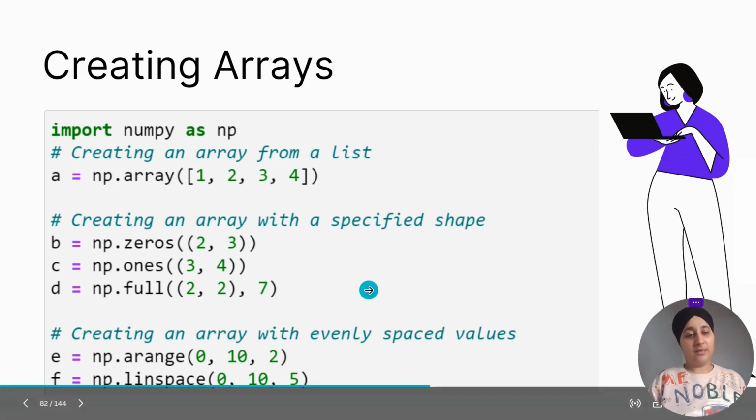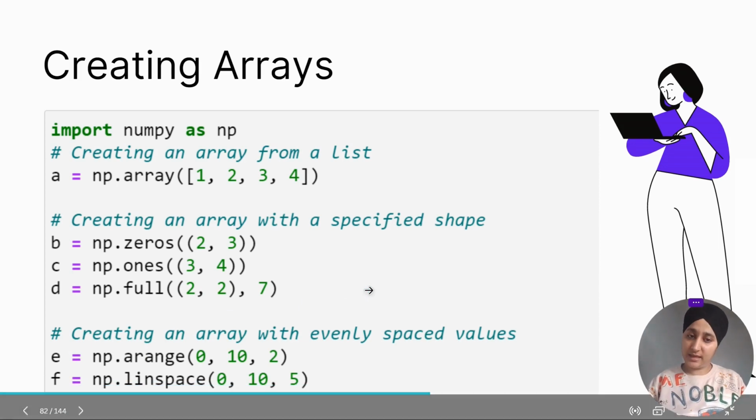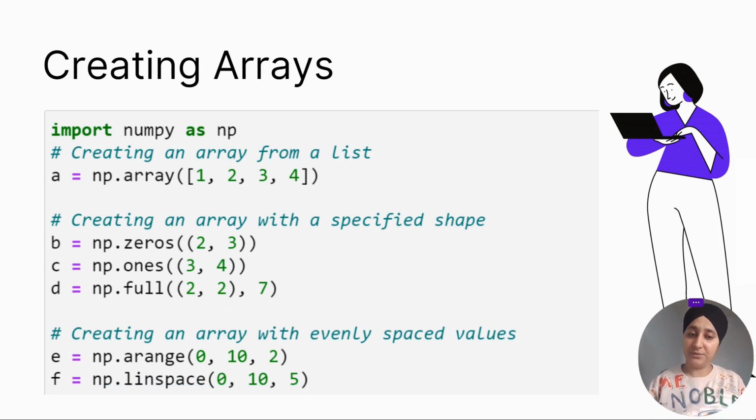So arange. The arange method in this case is containing start value 0, end value 10, and step 2. So this is going to create an array with all even numbers, right? You can also read the comment: these two functions are creating an array with evenly spaced values.